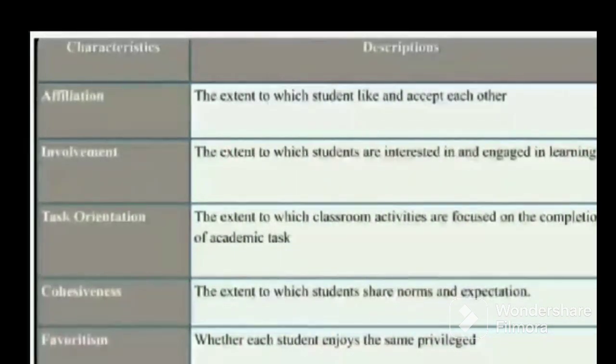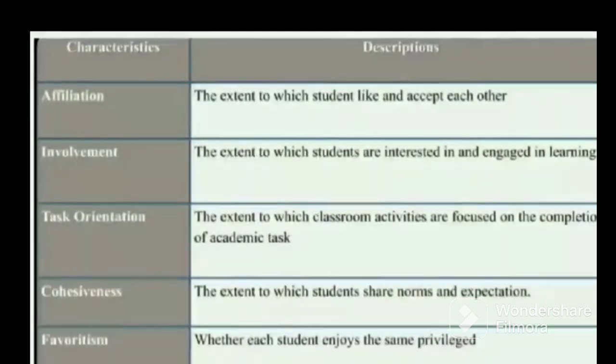Second, involvement. Description: the extent to which students are interested in and engage in learning. Third, task orientation. Description: the extent to which classroom activities are focused on the completion of academic tasks.